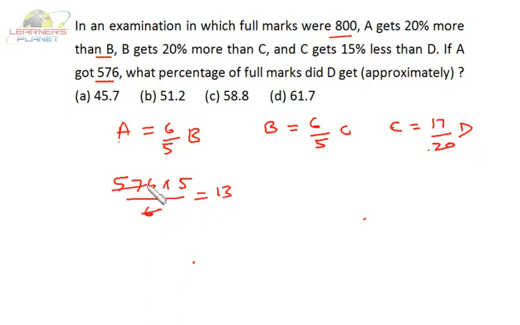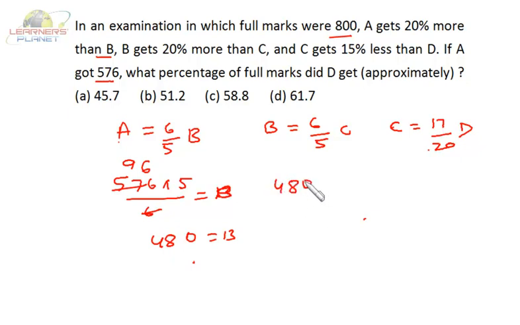That means B must be getting, okay, 96 into 5, this is B's marks.